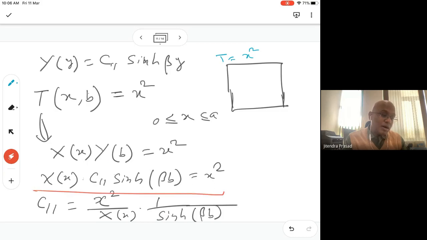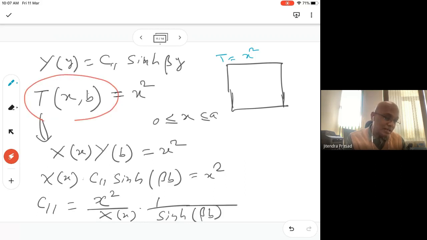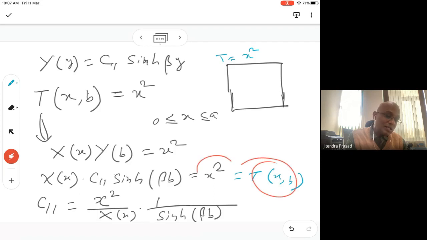Based on what we have done so far, this is nothing but T(x,b), which is equal to x square. So the whole thing should be equal to x square.